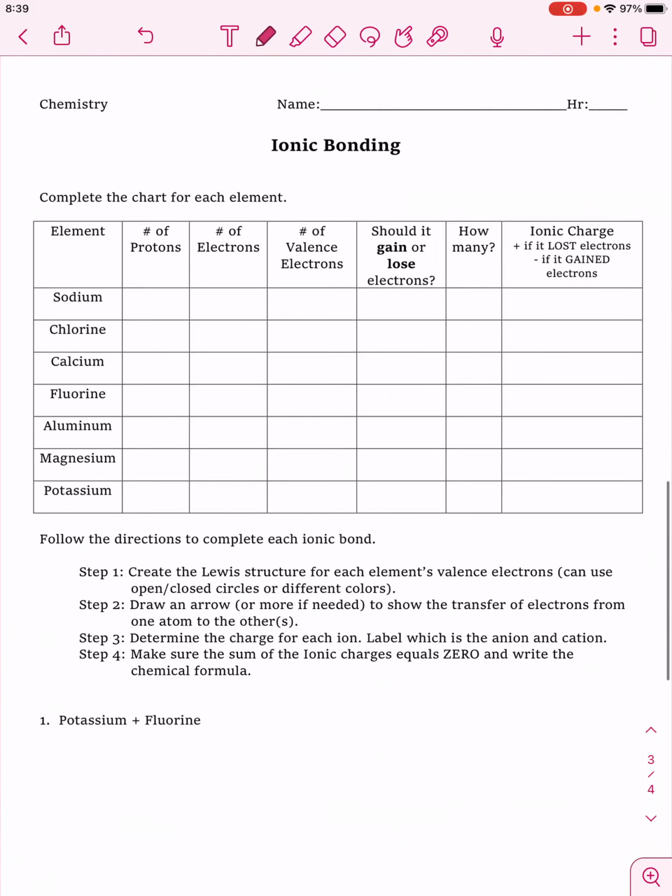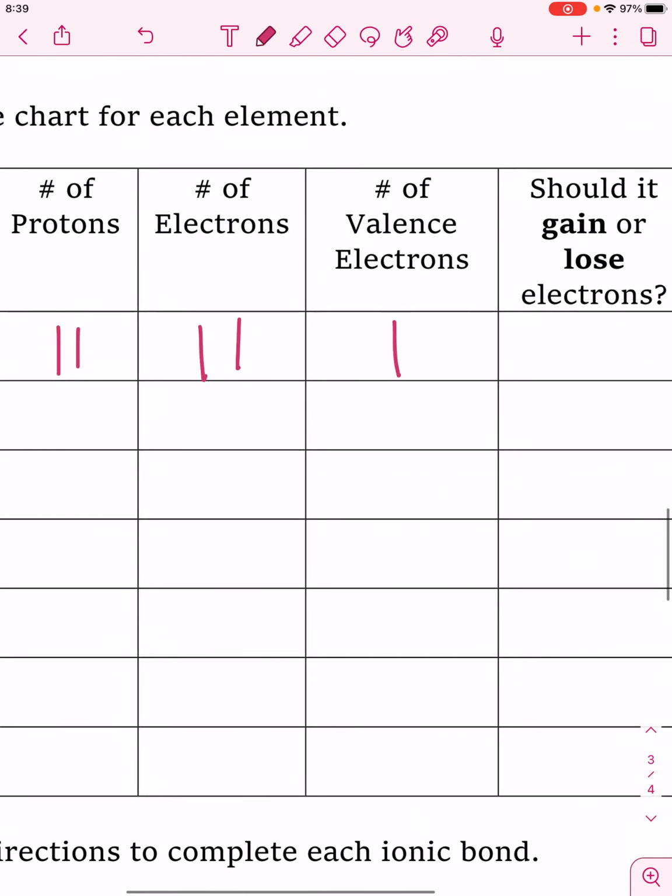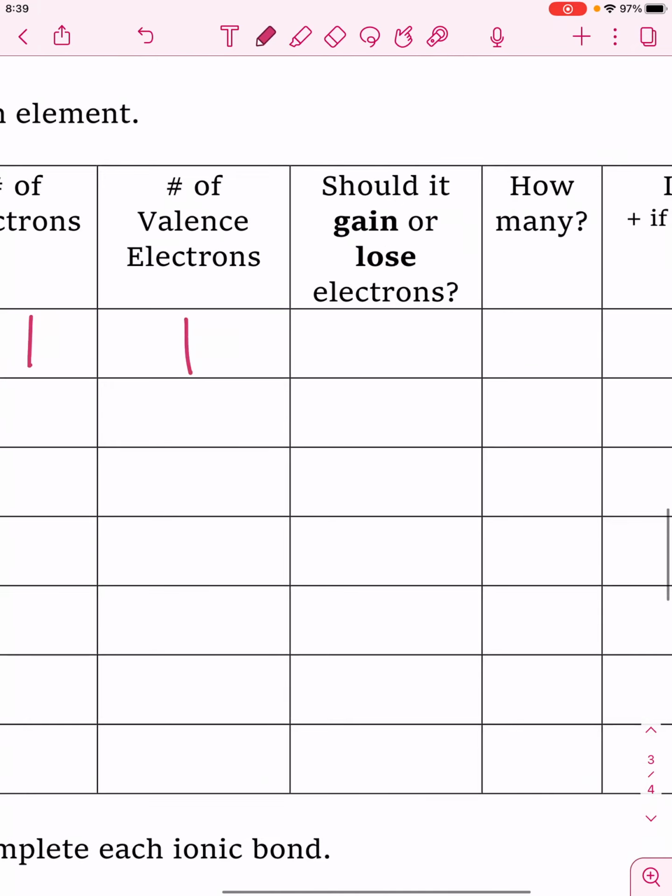Now ionic bonding is the next page here. Again, that chart should be okay for you to fill out. I'll do one of these here together. Sodium, number of protons, 11. Number of electrons, 11. Number of valence electrons is just 1. So should it gain or lose electrons? Again, ultimate goal for most of these is to get to 8.